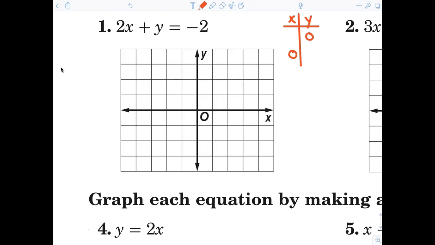Anytime you want to find the intercepts, this is how you set it up using a table. The y value is 0 first, then the x value is 0. But it makes no difference what order you do it in. If you find the y-intercept first and then the x-intercept, it's all the same.